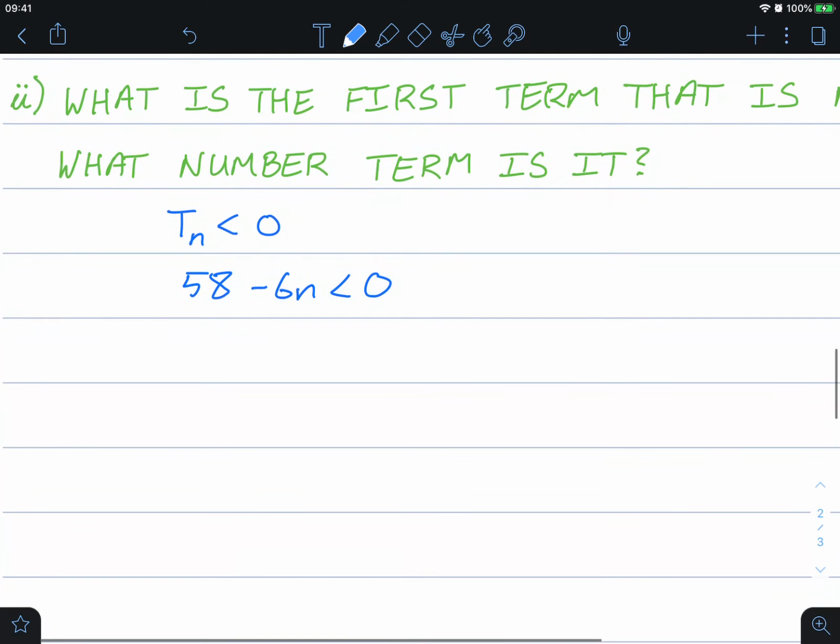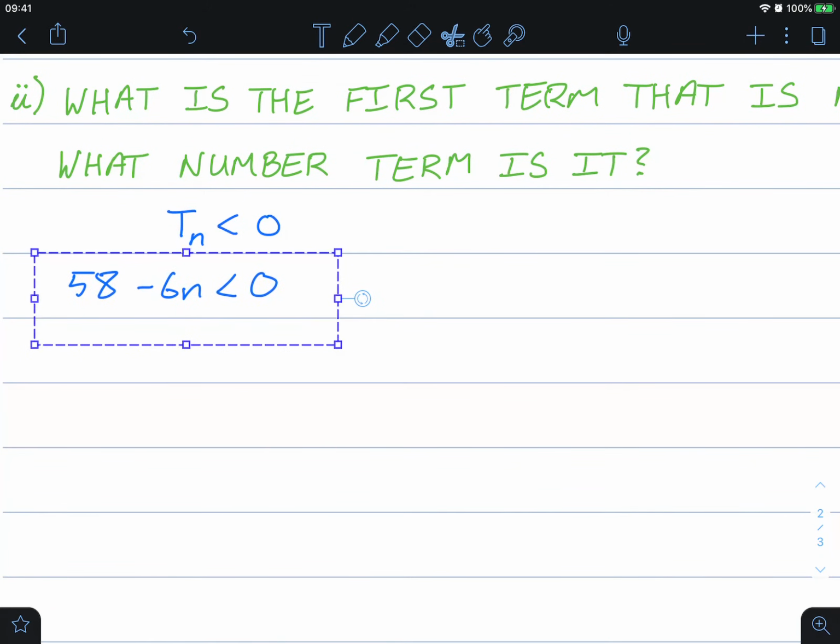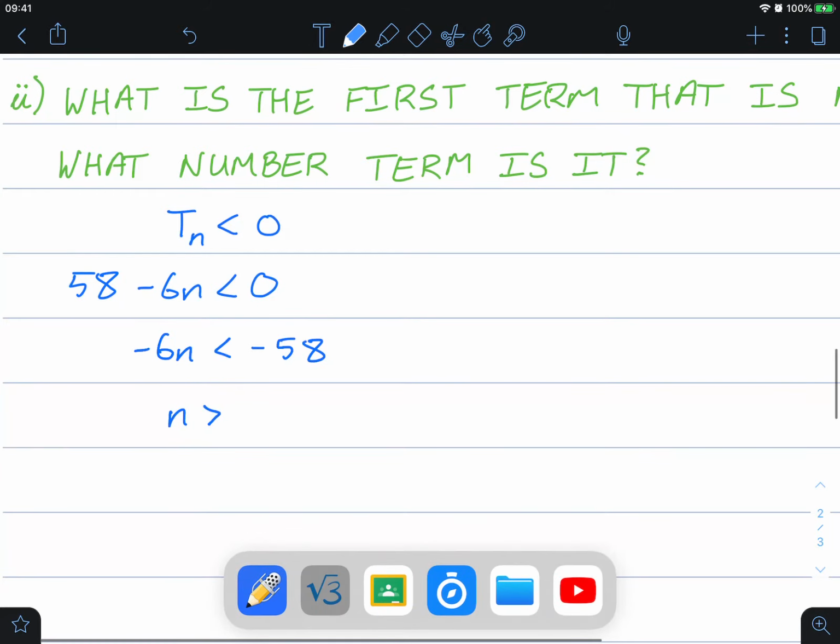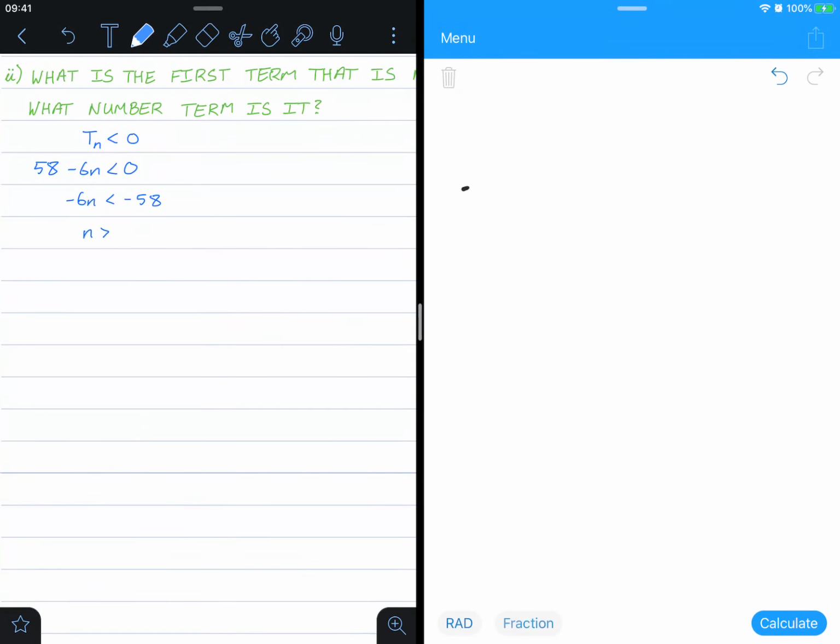And just like that, we solve for n. So negative 6n is less than negative 58. n is greater than, because we're dividing by a negative, negative 58 divided by negative 6.